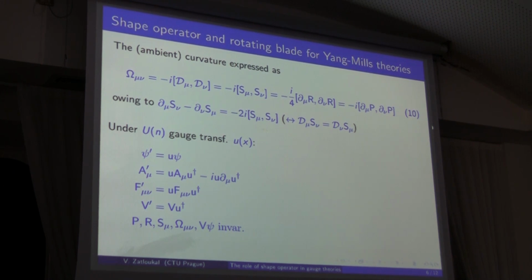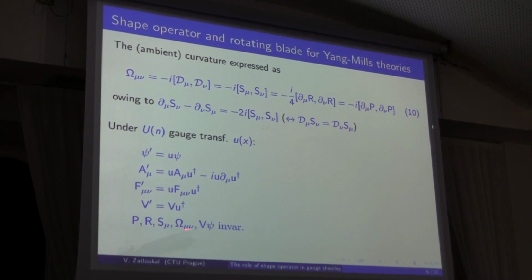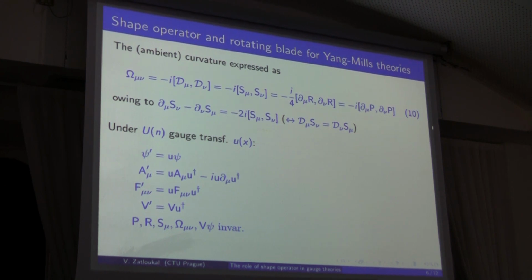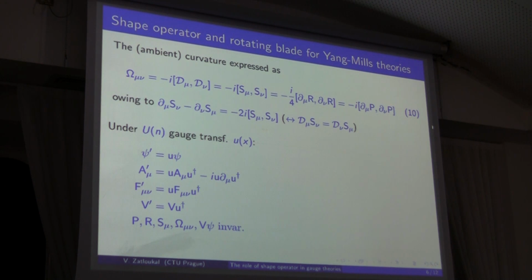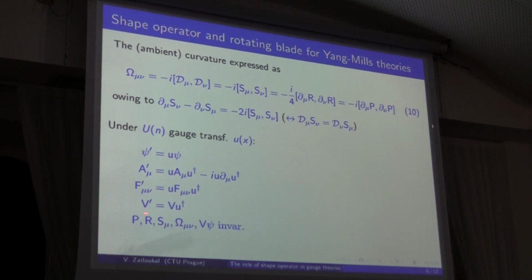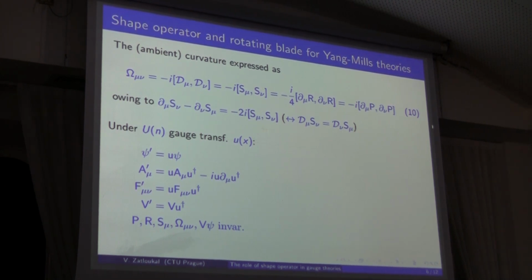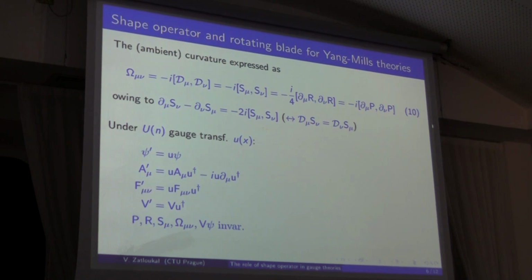But the subspace is preserved by this operation, and the same holds for the quantities that are derived from this. So the projection of this rotating blade, the shape operator, doesn't see the gauge transformations. So we kind of get rid of this gauge freedom, because the new quantities are manifestly gauge invariant.